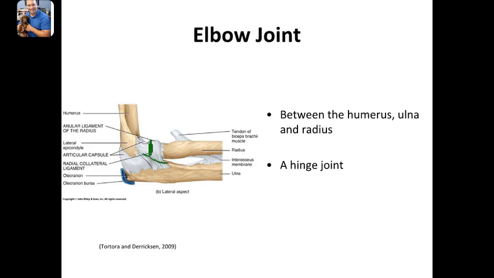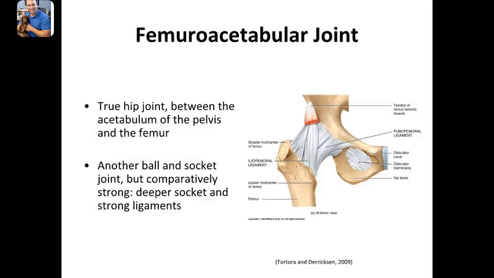Femoroacetabular joint, or your hip joint, is the strongest joint in the body. There is a ligament here that attaches the ball and socket joint of the hip. It's called the Y ligament of Bigelow. It's shaped kind of like a Y. A guy named Bigelow named it, and it's really strong. It helps to protect and hold the hip together.